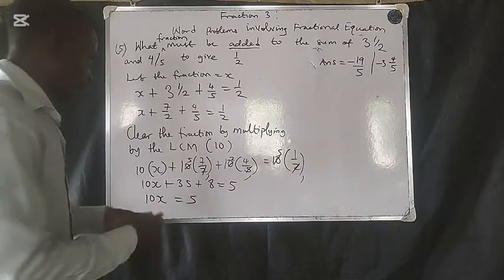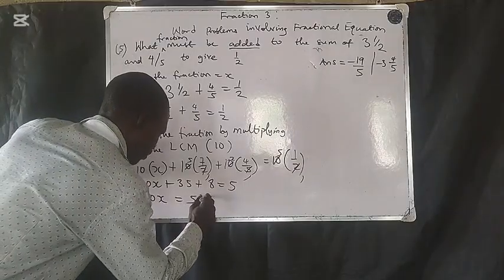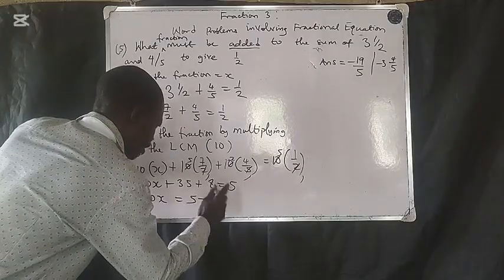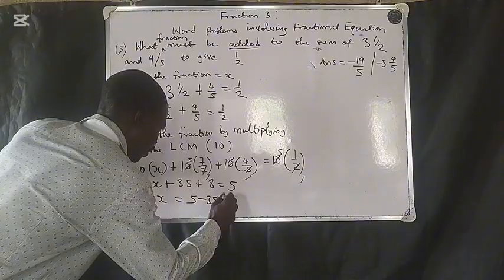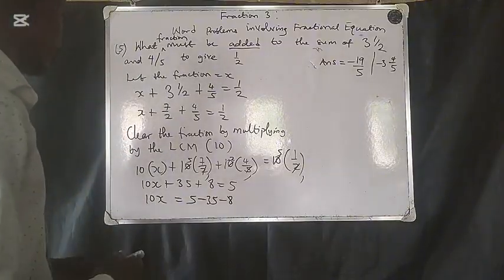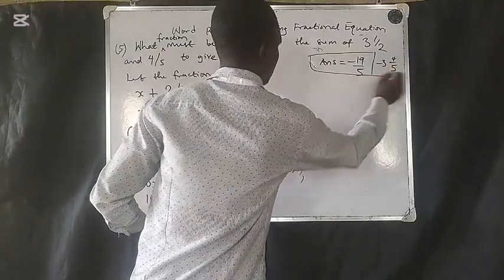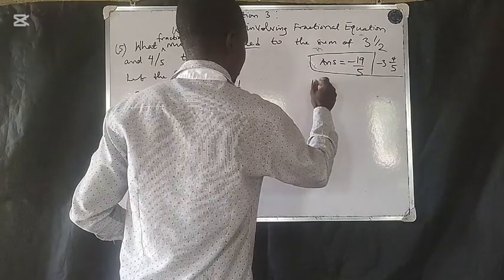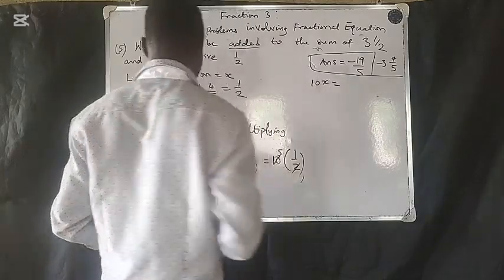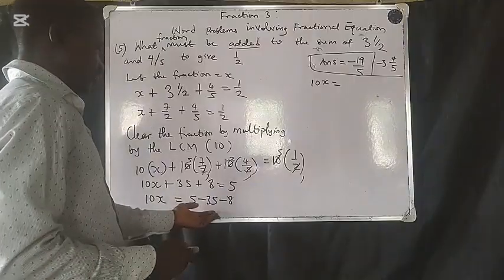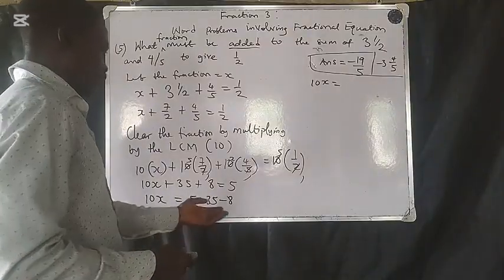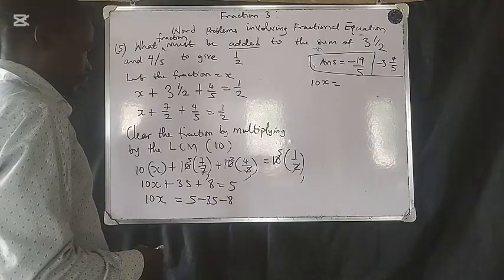Plus 35 will come here and become minus 35, plus 8 will come here and become minus 8. So we have 10x equals 5, you are owing 35, you are owing 8. Altogether, you are owing 43.